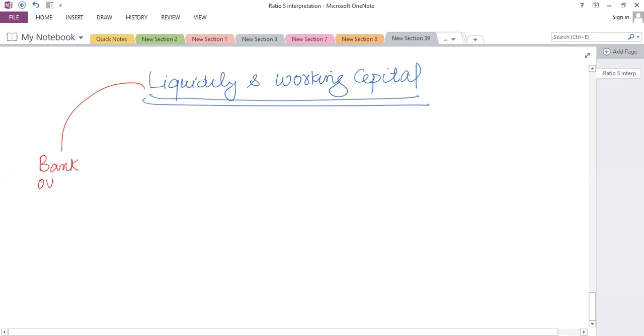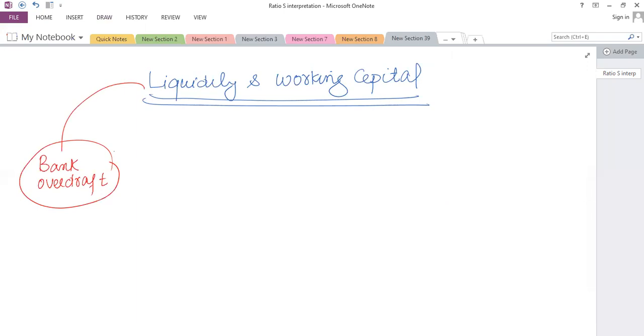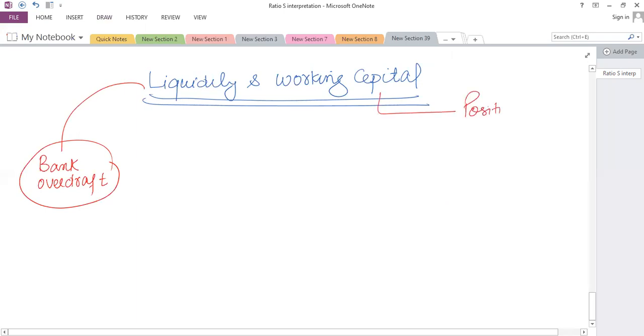So if you are evaluating your balance sheet position and you see you have an overdraft, what comes to mind? That the company has poor liquidity, and the reason behind that poor liquidity is the working capital position. And working capital position deals with your balance sheet receivables, payables, and inventory.